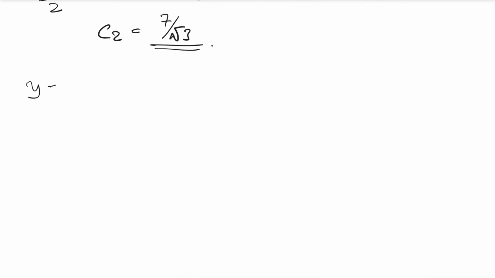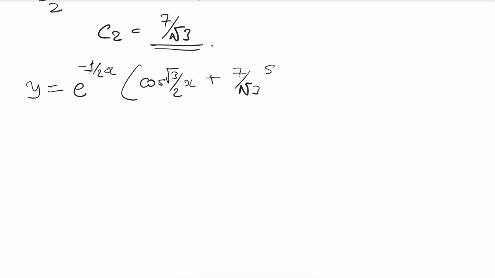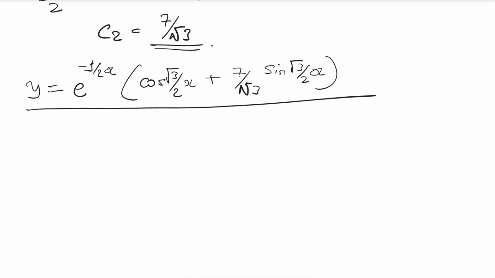So our equation will be y equal to e power 1 by 2 x, c1 is 1, so it will be cos root 3 by 2 x plus 7 divided by root 3 sine root 3 by 2 x, and this will be a particular solution.